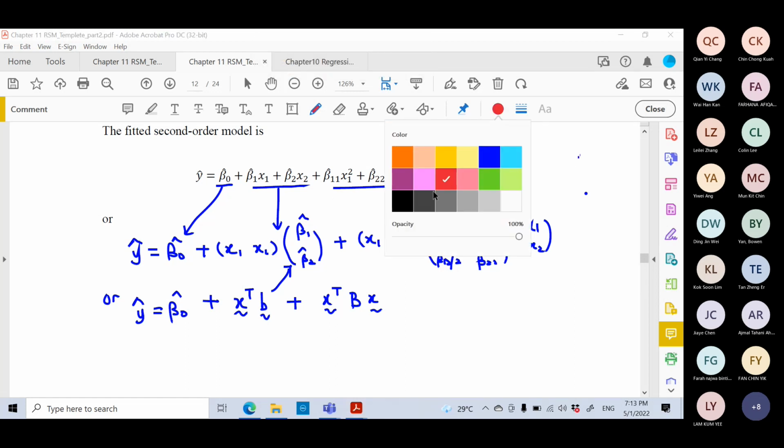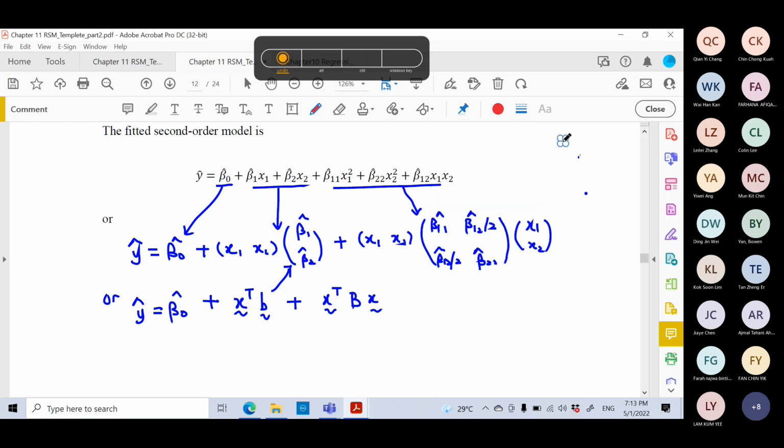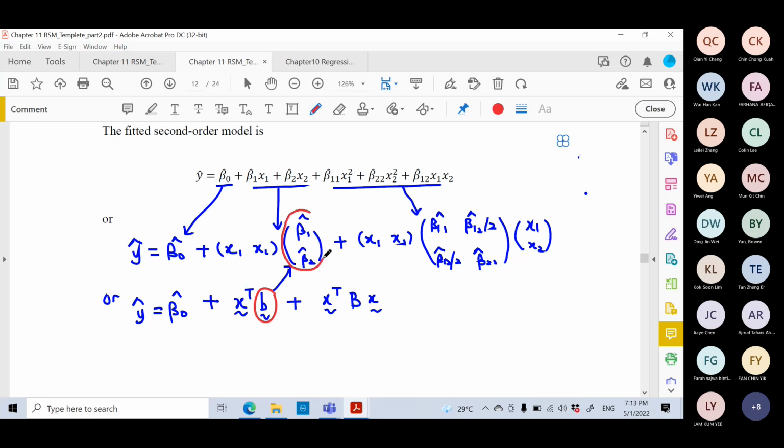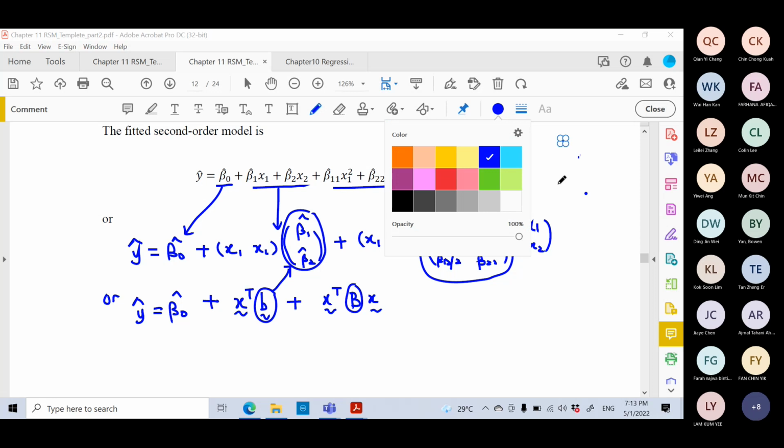The important thing is this part here, and you need to recognize that b is this whole thing. So if you have a quadratic equation, you only need to recognize the vector b and the matrix B. I will write it down here.